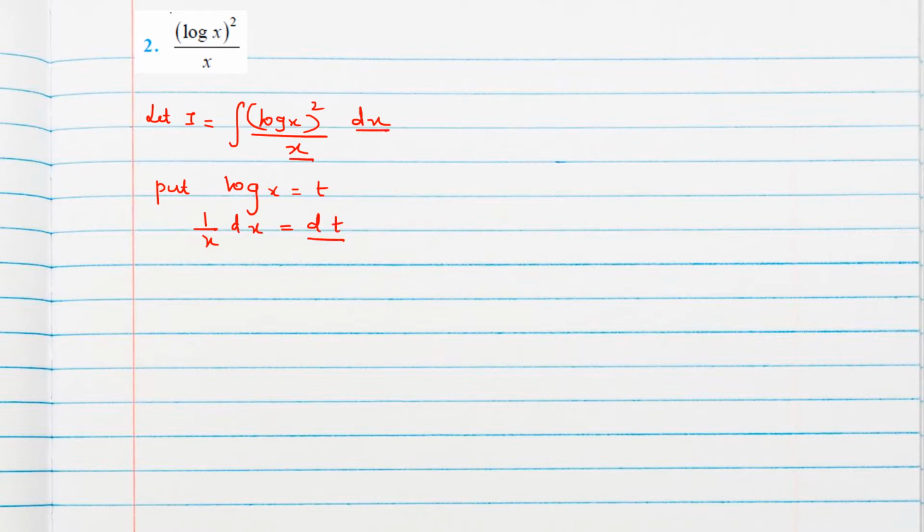So our integral will become log x as t square and dx by x as dt. Now for this integral we can use the power rule. So t cube by 3 plus c. Then resubstitute the value: log x whole cube by 3 plus c.